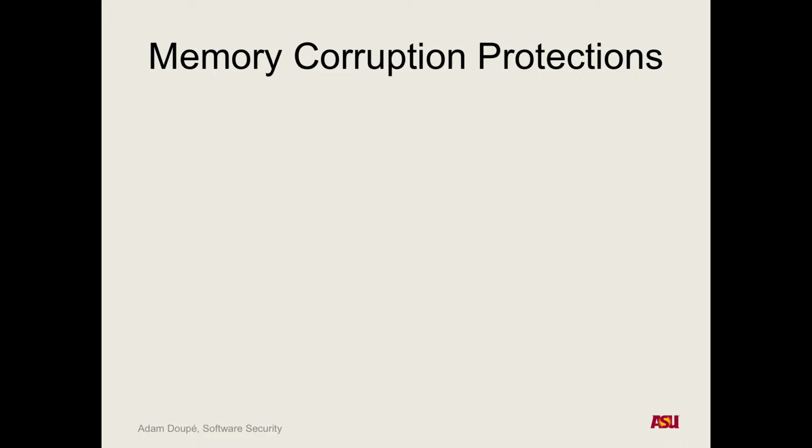There's been a lot of research over the years on how we can actually prevent these memory corruption vulnerabilities. Why is this so difficult? You need to write to memory at some point. The program needs to write to memory; it stores its variables in memory.